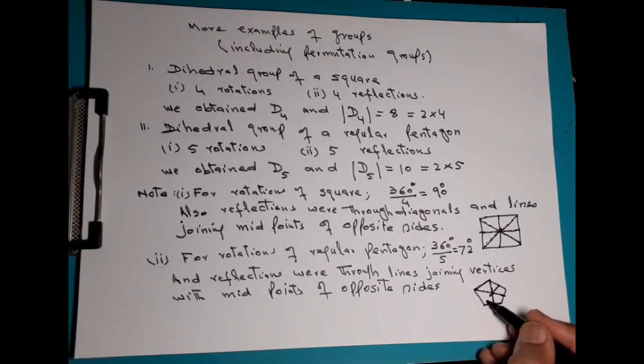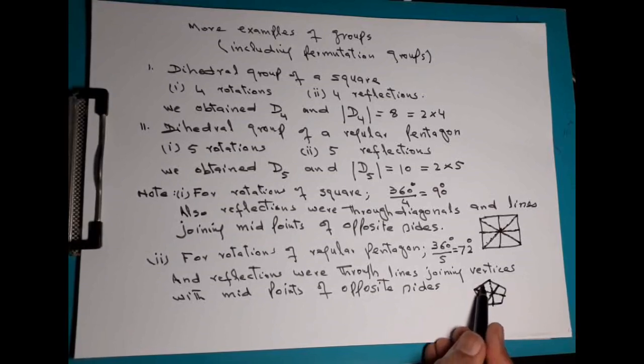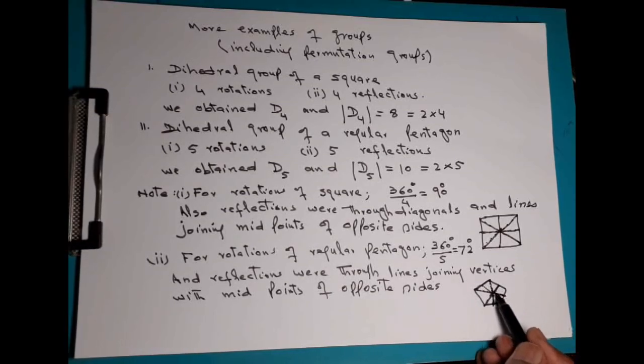So this is the line we took reflections about, and next we can join this vertex with the midpoint of the opposite side, and similarly we can join this one with the midpoint of the opposite side. So these were the lines we considered reflections about.